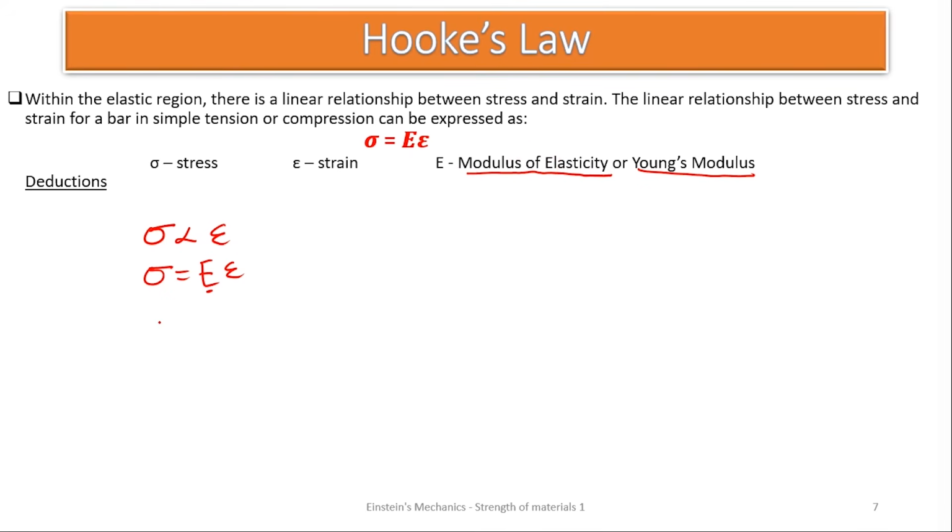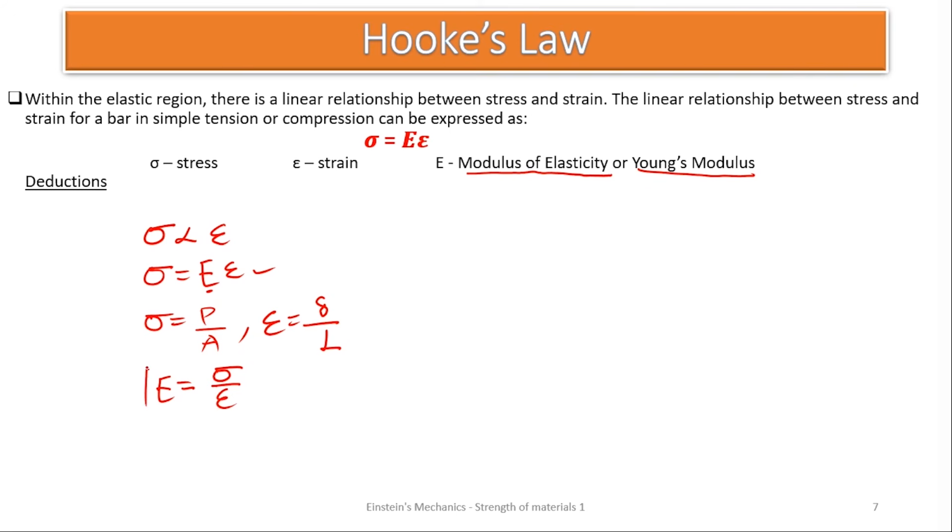But can we remember stress is equal to force on area, right? And we also know that strain is what? Elongation on the original length. So we are going to deduce a formula here. We're going to make something the subject from here. So from Hooke's law, can we say that E, which is modulus of elasticity, is equal to stress over strain?